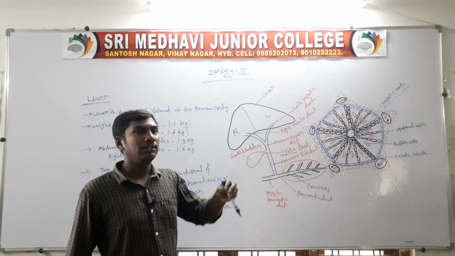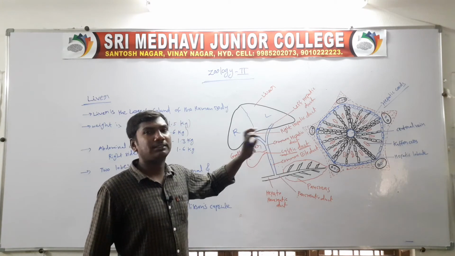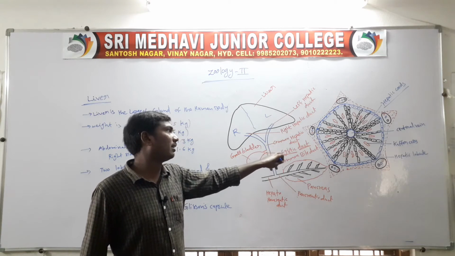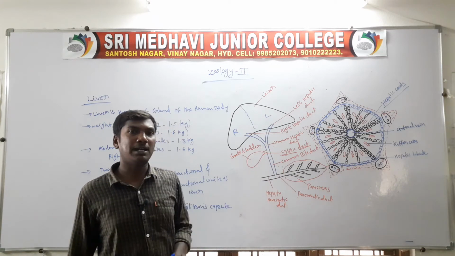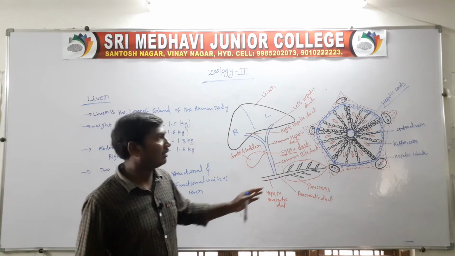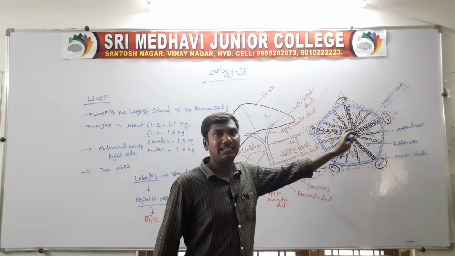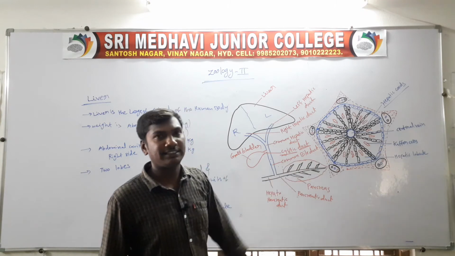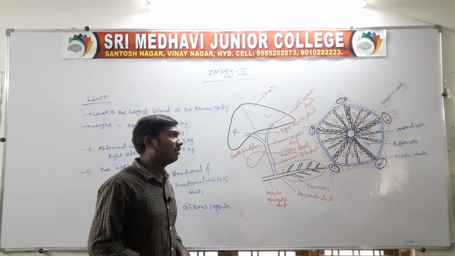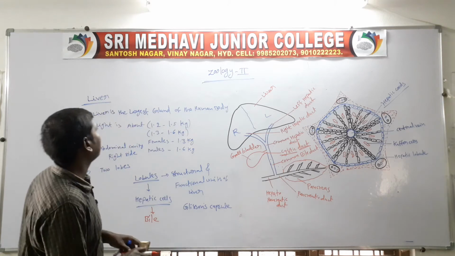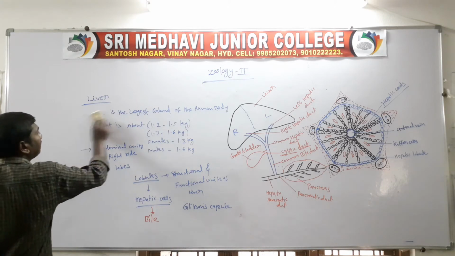The bile enters the hepatic ducts, then the common hepatic duct, the common bile duct and the hepatopancreatic duct. Between the hepatic cells are the Kupffer cells, which eat foreign particles. So these are the structures of the liver.